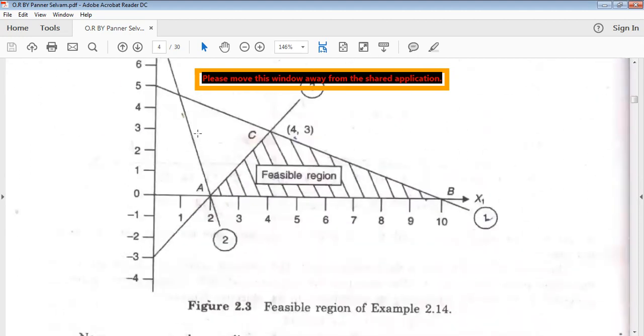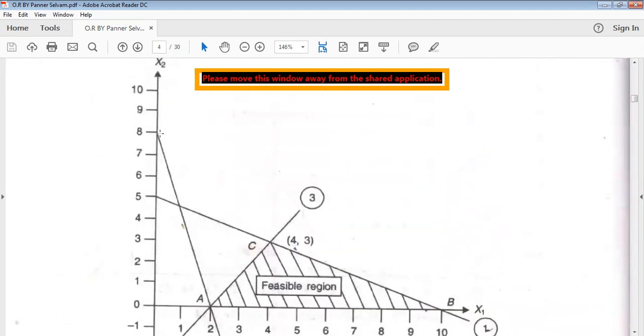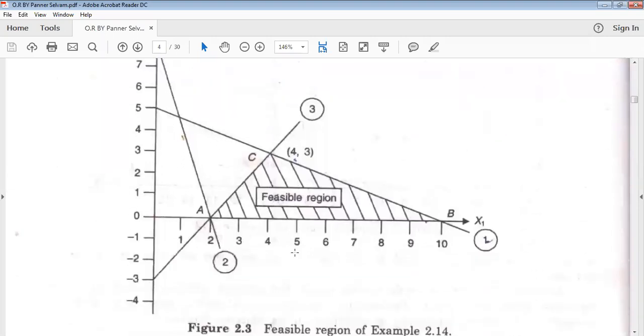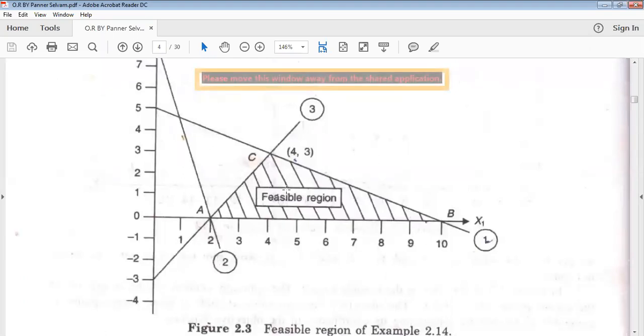So this is nothing but the second equation. Greater than means you have to hatch above this particular line. Everything has to be hatched above this line, and therefore this is the only region. Hatching above means that the area below does not come.